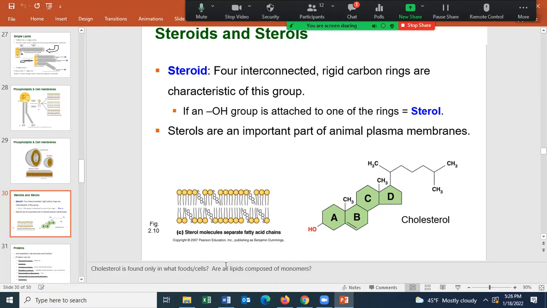Cholesterol is only found in what foods that you eat? And what food is it not found in? Nobody knows when you eat something whether it has cholesterol in it or not? I'm shocked that nobody knows that. Is it grains? Well, a brain has a high proportion of cholesterol, but what I was trying to get at was animal tissue or animal products have cholesterol.